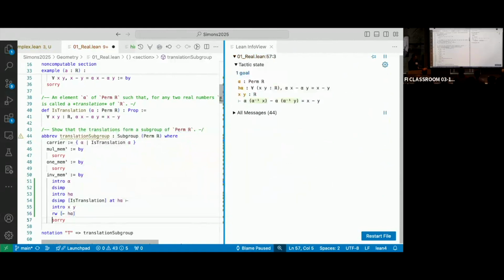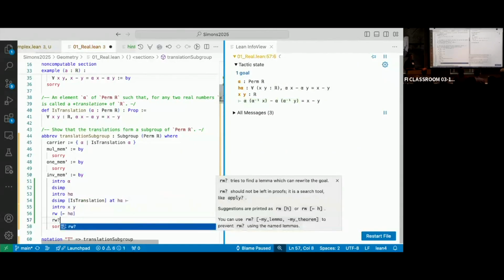And now we are in the position of needing to show that alpha of alpha inverse of X equals X, and that alpha of alpha inverse of Y is equal to Y. And this is where we need to use the first hint that I was giving before about this rewrite question mark tactic. So what does the rewrite question mark tactic do?